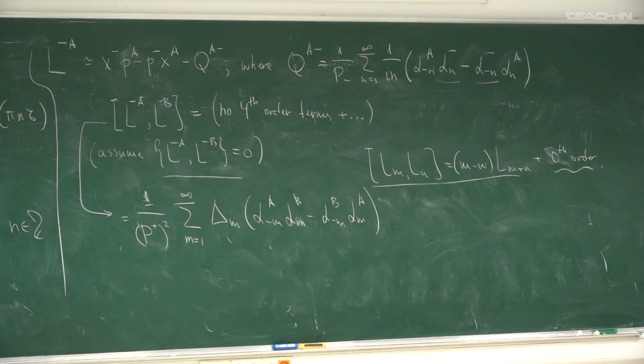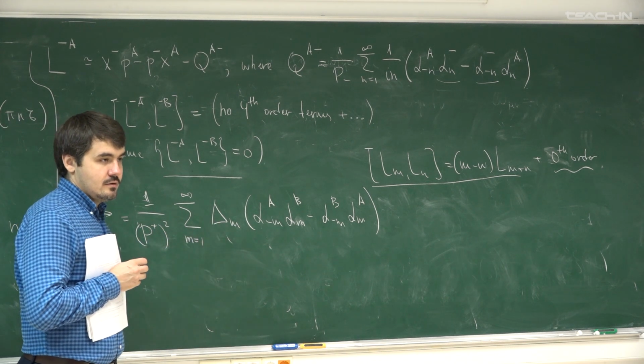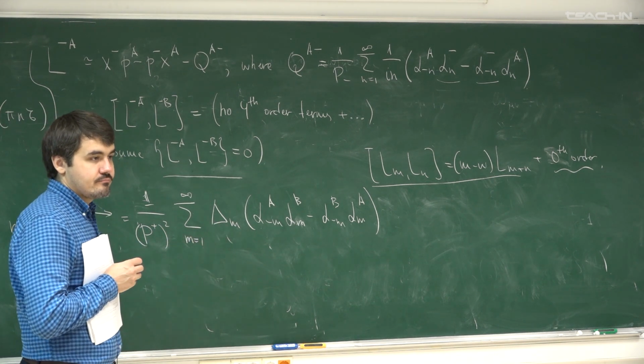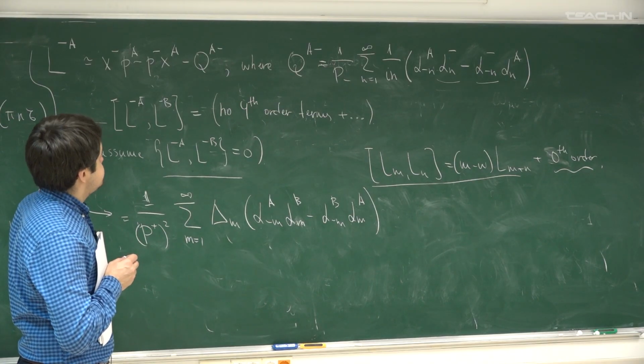So this is our ansatz for the answer. Where does it come from? Delta m is an unknown function of m.